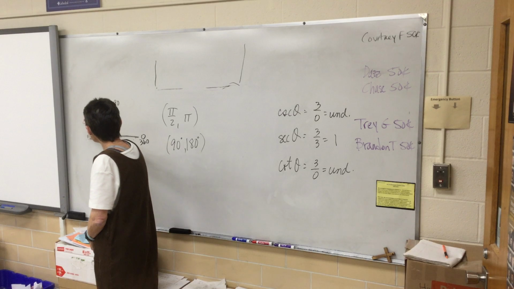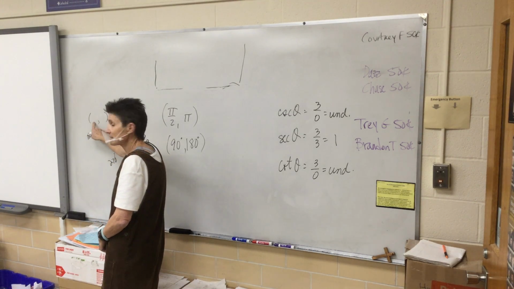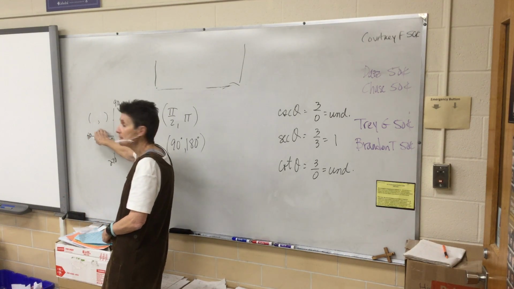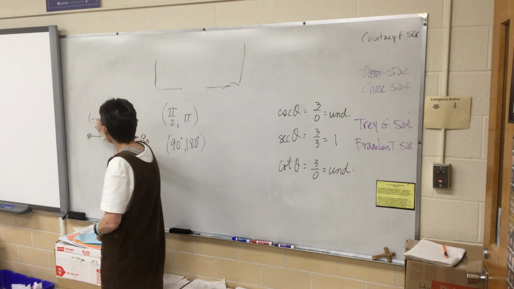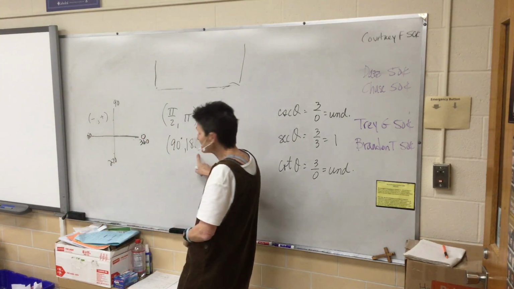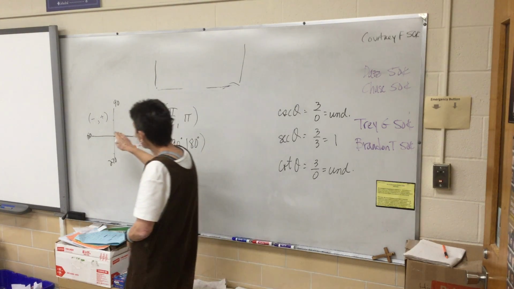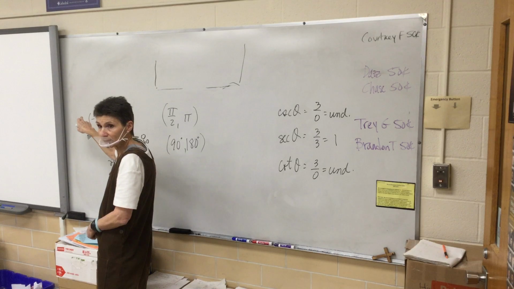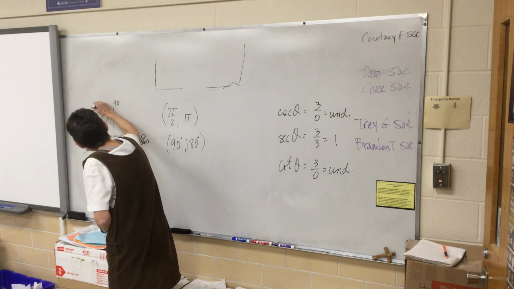What can you tell me about any point up here? Will x be positive or negative in this space? Negative. And y will be positive. So if I am talking about this interval from 90 to 180, then I am talking about points that are negative, comma, positive, like negative 2, comma 3. So that's x and y.